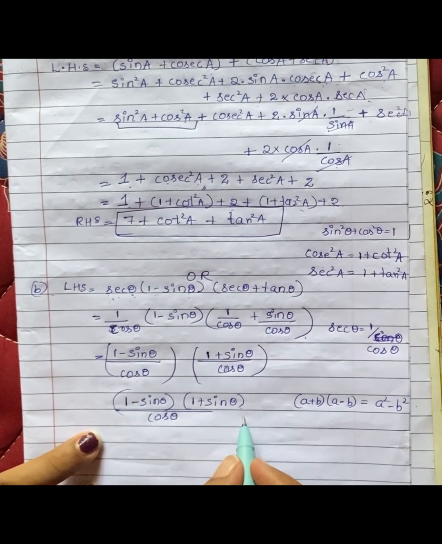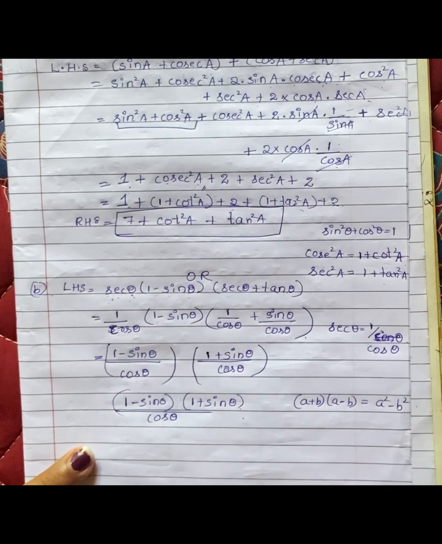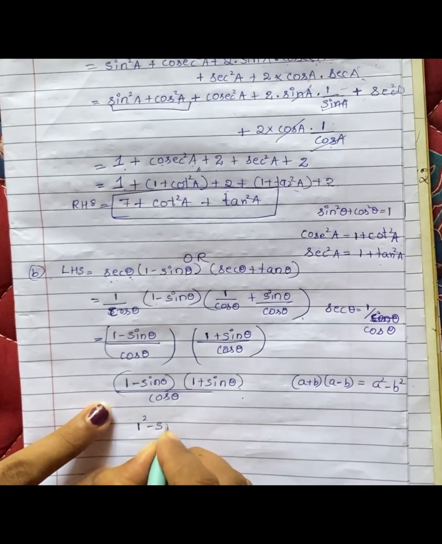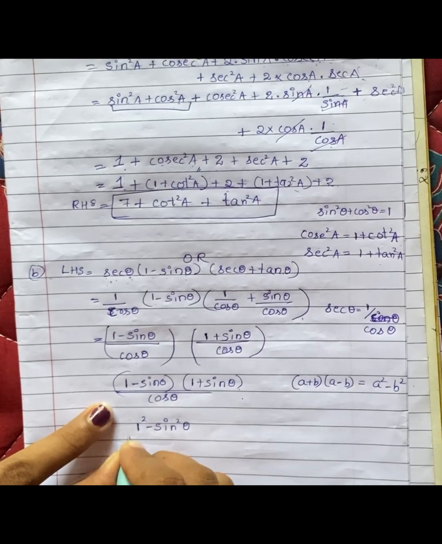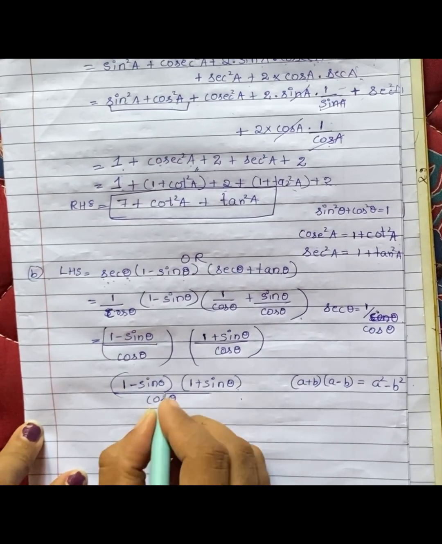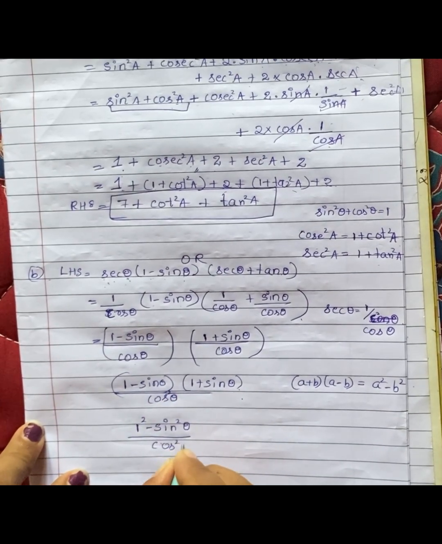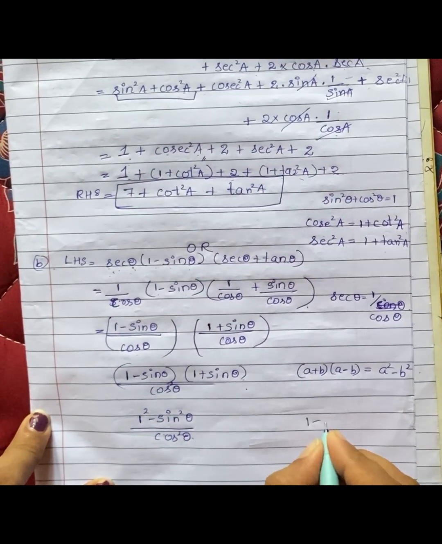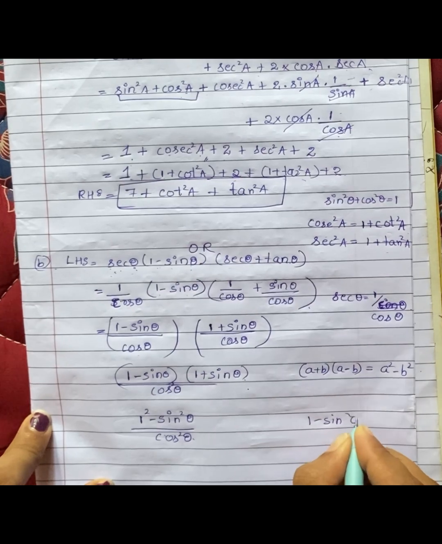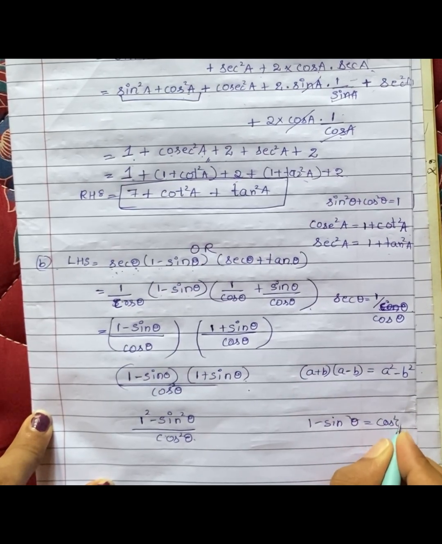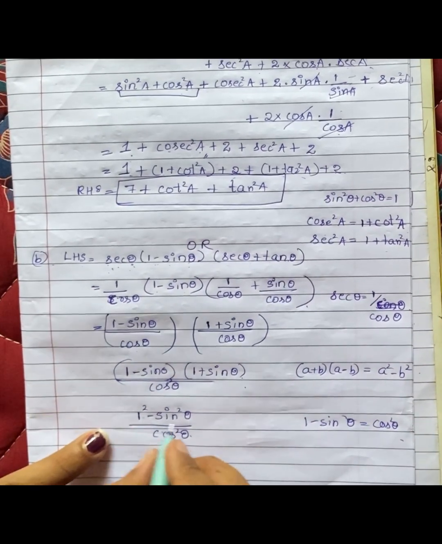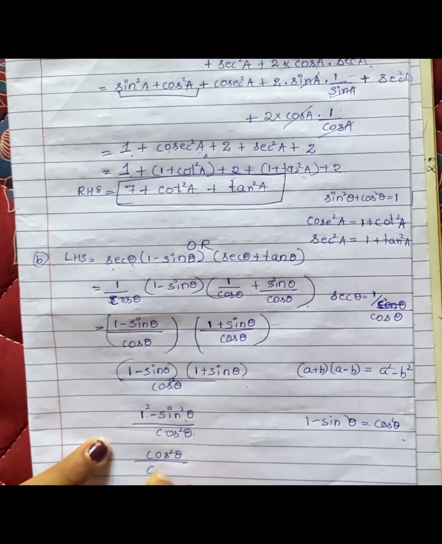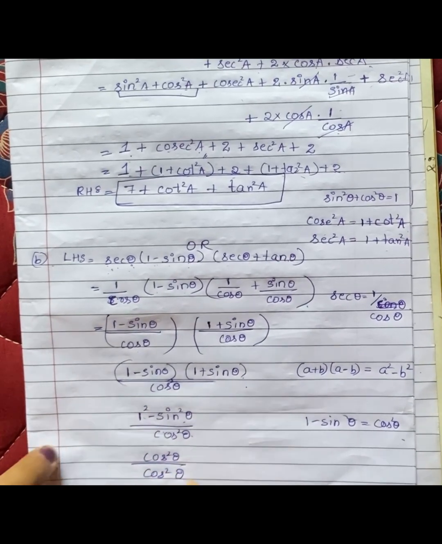So now you have to write this in the form of a square minus b square, that is 1 square minus sin square theta divided by cos square theta. Now 1 minus sin square theta is equal to cos square theta. So this is a formula.